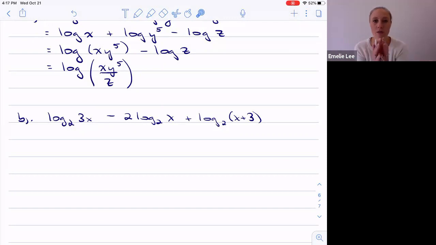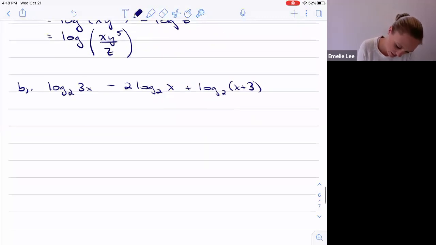So I should be able to smush these all together into one log. So I've got the log of 3x minus 2 log x. But I can bring this 2 onto the power of x. So I can bring this back upstairs, and then the plus x plus 3.